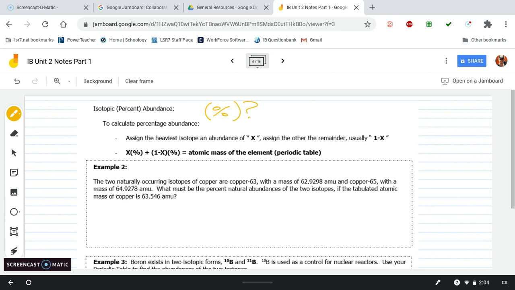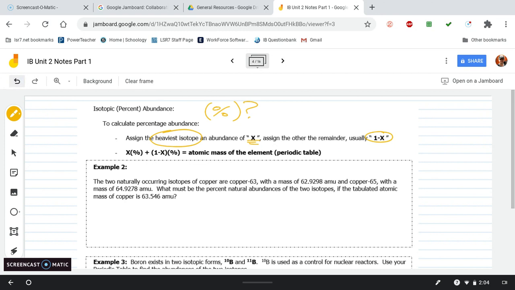And so we're going to set this up, and the key thing is that you understand that I'm going to put the heavier isotope with the X, and the lighter isotope is going to go with the 1 minus X. This formula here is trying to show you what I'm going to be doing, but I never feel like the formula itself does a very good job of showing this.